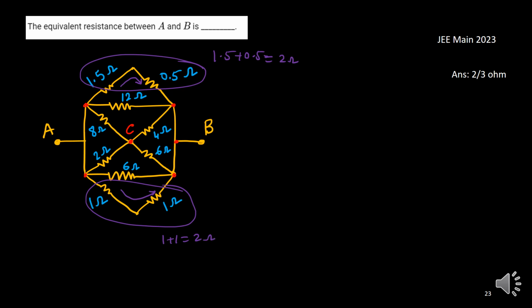Now I can redraw the circuit a little bit. This is the node A, this is the node B. Between these two nodes, this above one, I have one resistance between A and B, that is 2 ohm. And this resistance is also 2 ohm, I can write that here.